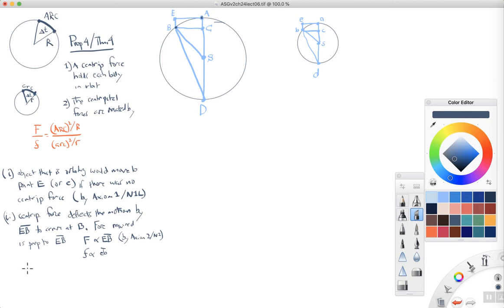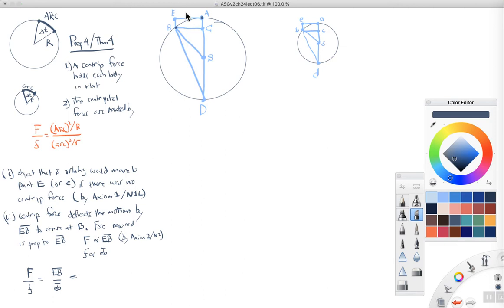So what we can do now is say there's a relationship between the force required to deflect object 1 and the force required to deflect object 2, and the relationship between these forces is the line segments EB to little eb. Okay, now we haven't gotten very far yet, but that's an important point we're going to need to start from.